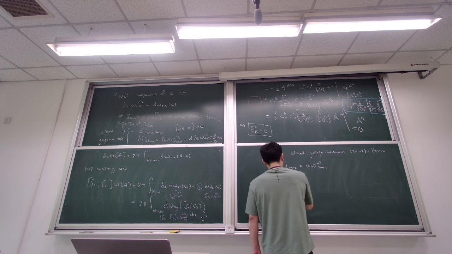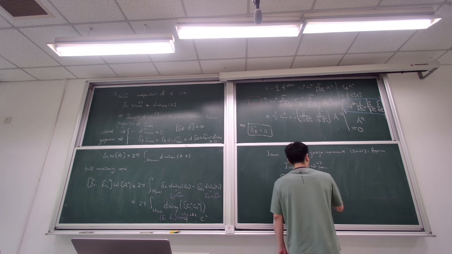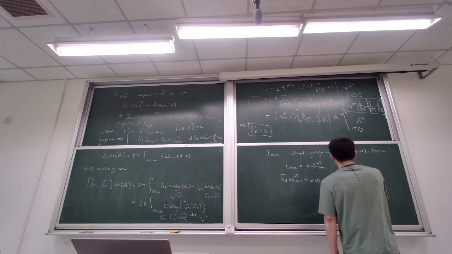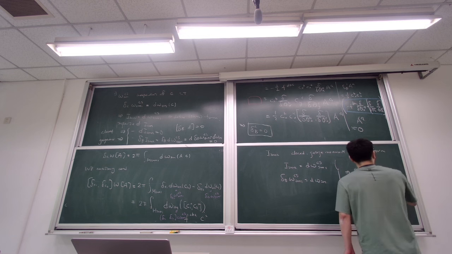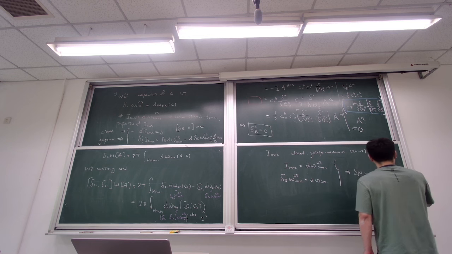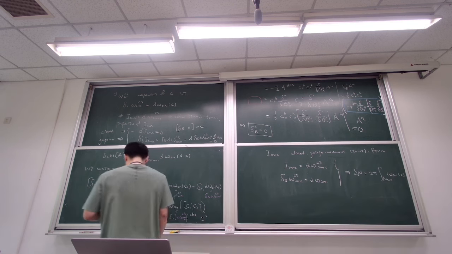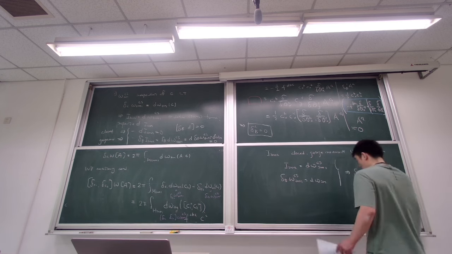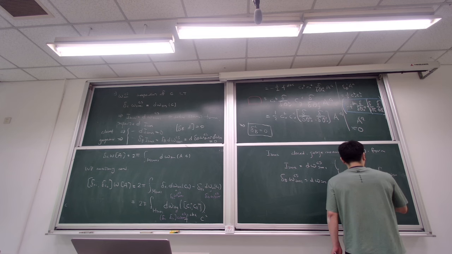And if you take the gauge variation of the Chern-Simons (2n+1)-form, you get the exterior derivative of the 2n-form. From here, one can get the effective action: the gauge transformation of the effective action is indeed 2π times the integral over the space-time direction of ω^(2n) in the C direction. So that's what we have done. Or more precisely, if you don't specify b, you just write this. So this is the anomaly.